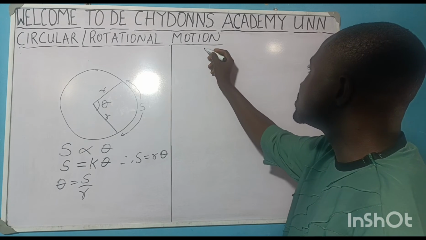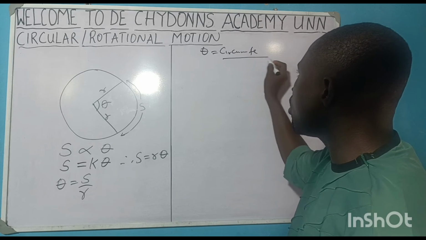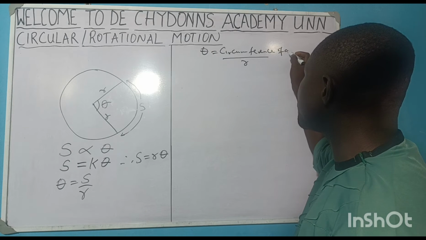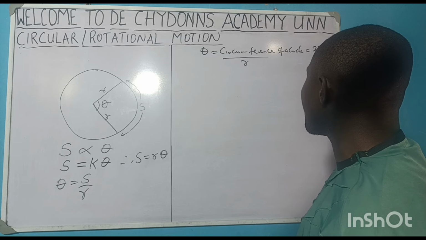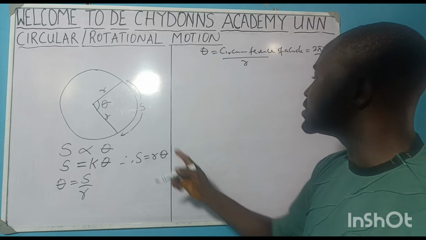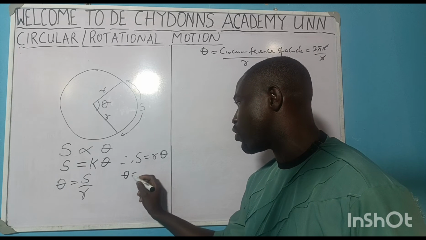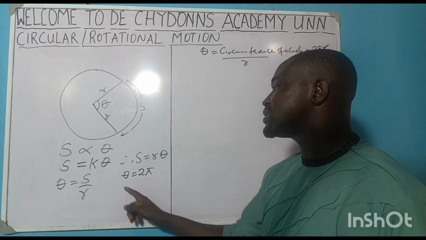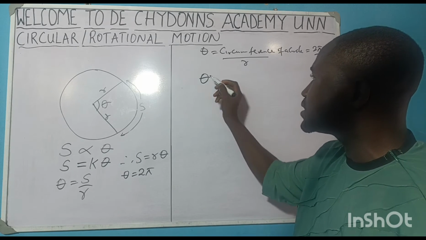When you say theta equals the circumference of a circle all over r, it will give you 2 pi r all over r. That will give you theta equal to 2 pi. So we will also have theta equal to 2 pi. Yes.